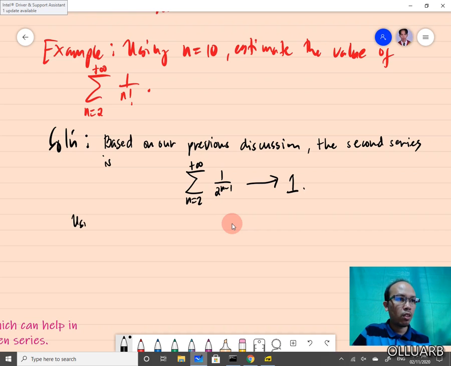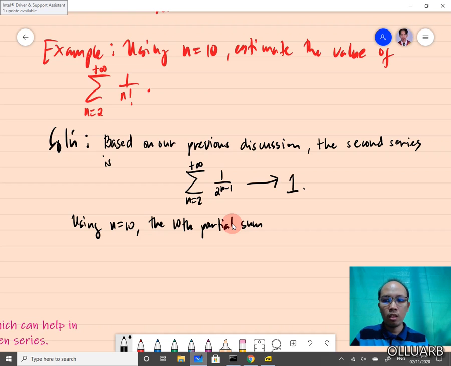So using n is equal to 10, the 10th partial sum is 1 over n factorial, and starts from 2 to 10.